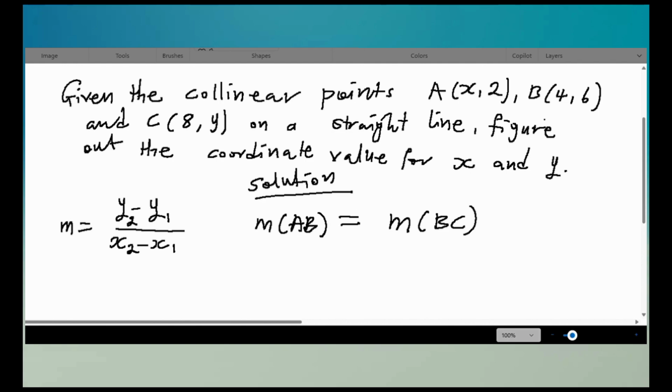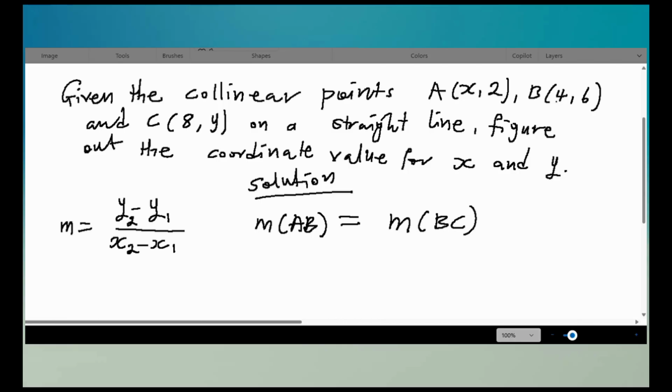The gradient of AB, A is going to be our first point, and then B our second point. So the coordinate of A is going to be x1 and y1. So my x1 will be x, that's in A, right? My y1 will be 2, that's in the first point A. Now the coordinate for my second point B is going to be x2, y2.